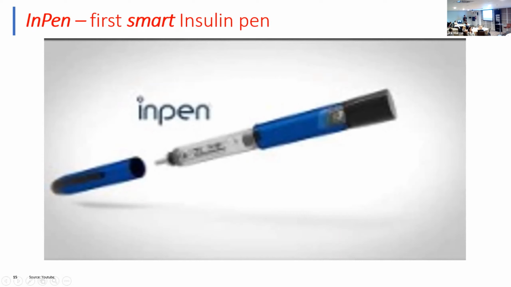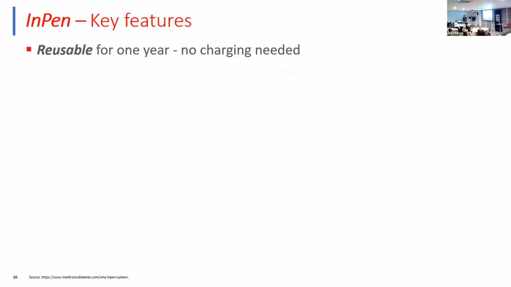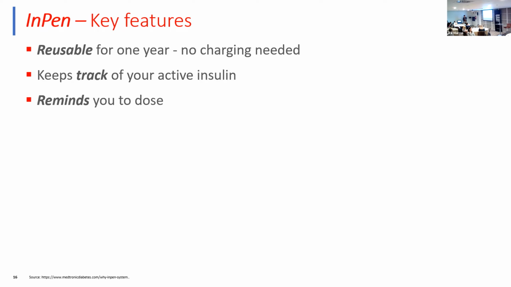Okay, yeah, it was just explaining all the features of the pen and how they could help the patient. But anyways, I have a resume here. So the pen is reusable for 1 year, no charging needed. So this gives a lot of time for the patient. Keeps track of the active insulin, reminds the patient to dose, which is very important.